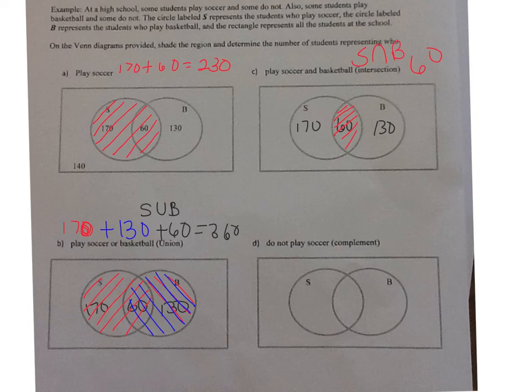All right, so the last piece is who do not play soccer. That's the complement. That's soccer complement. So remember, this was 170. This was 60, 130, and then out here I had 140. So I want the people that do not play soccer. So all these people out here do not play soccer.